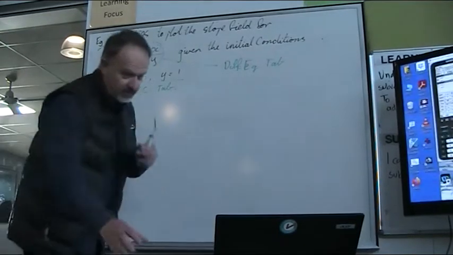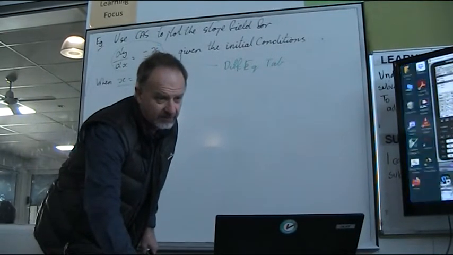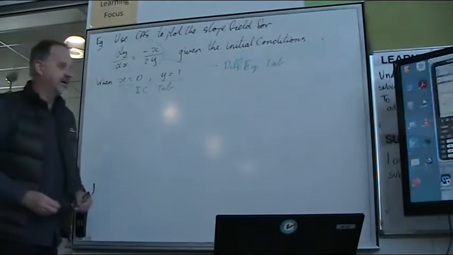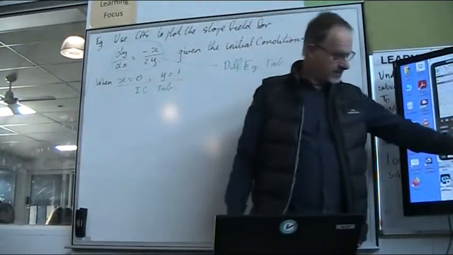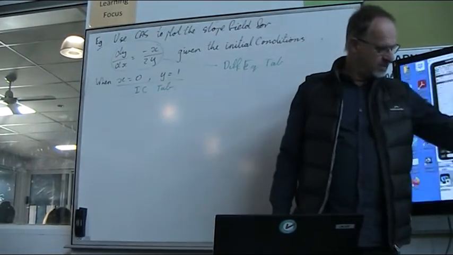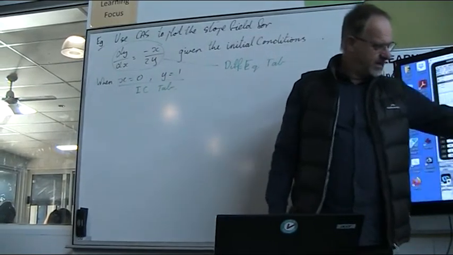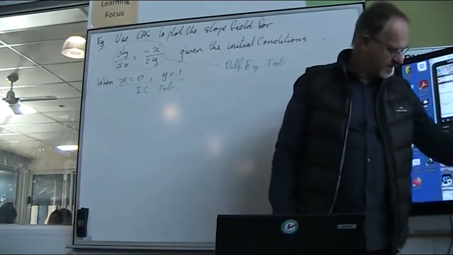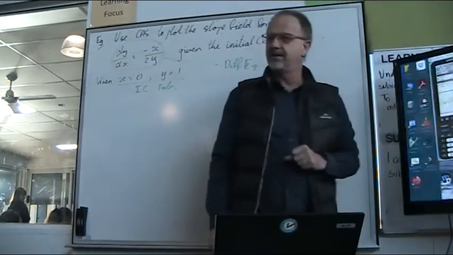And so when we do that, tap the graph icon, and there it is. Alright, so here we are. Here's the slope or direction field, all those green lines there. So they start here and swirl around, they start here and swirl around.